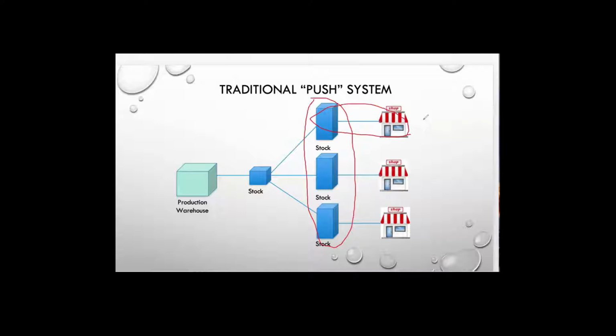Like in this example, if we're selling produce, we want to put as much stock as close to the shop as possible so that when there's a demand, they can pull from these stocks. Warehouses are pretty much close to where the demand takes place, and we have small stocks here to feed any changes in demand that may be seen at any of these sites.